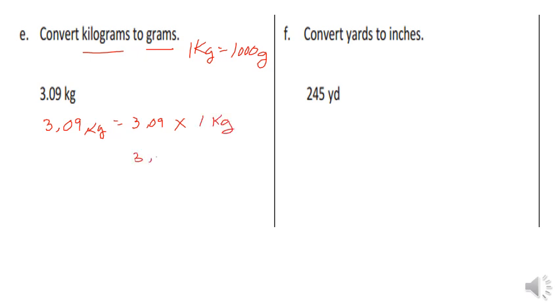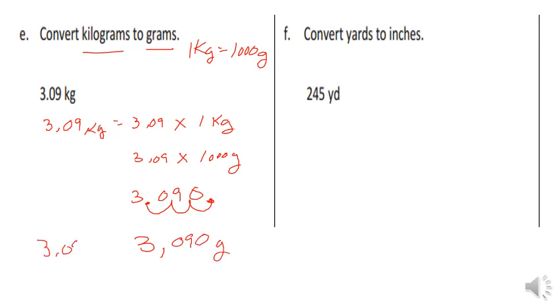Now I'm going to replace 1 kilogram with 1,000 grams. If I'm multiplying by 1,000, my place value is going to move 3 positions. So this 3.09 moved 3 positions goes 1, 2, and 3. So my answer will be 3,090 grams. So 3.09 kilograms equals 3,090 grams.